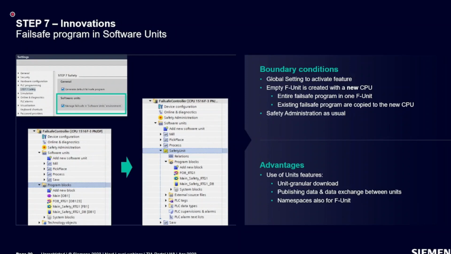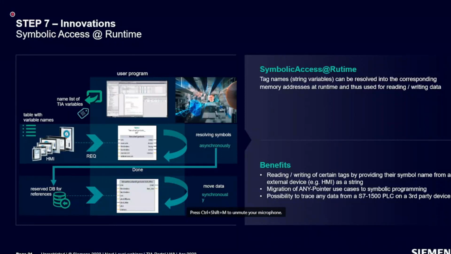And the third innovation is symbolic access at runtime. You might be using S7-300 and the previous STEP 7, where you have a concept called ANY pointer. After that, in TIA Portal, we moved to symbolic naming. In symbolic naming, dynamic addressing of the register is not possible.